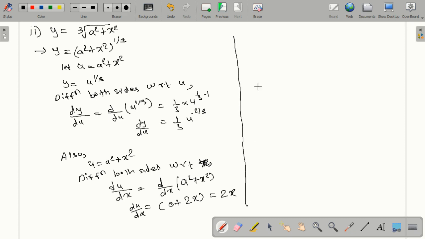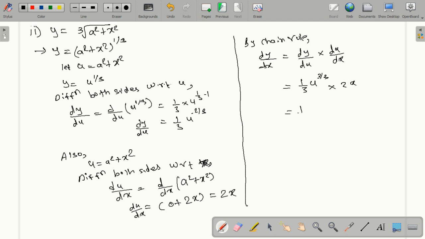By chain rule, we know that dy by dx is equals to dy by du into du by dx. And we know that dy by du is 1 upon 3 u raised to minus 2 by 3 into du by dx, which is 2x.